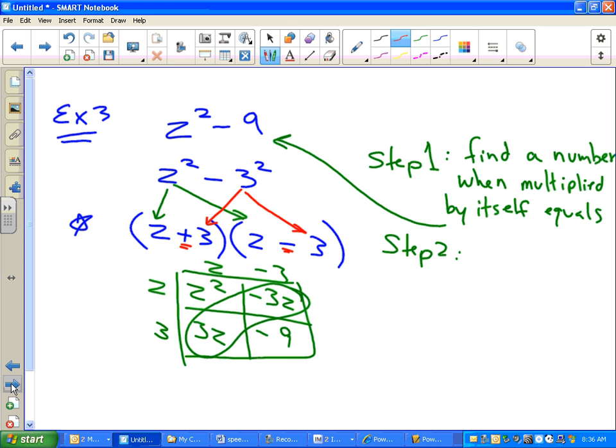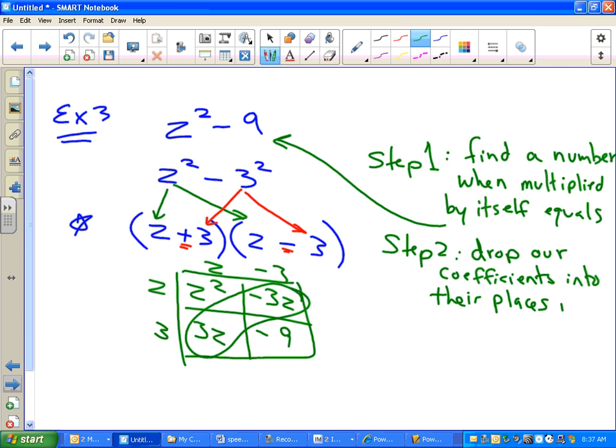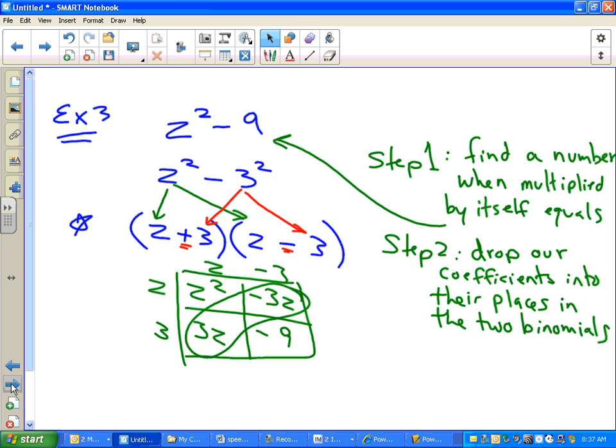All right, so step 2 is to drop our coefficients into their places in the two binomials. Okay, this last step here is just to check our work. All right, any questions on that type of problem?